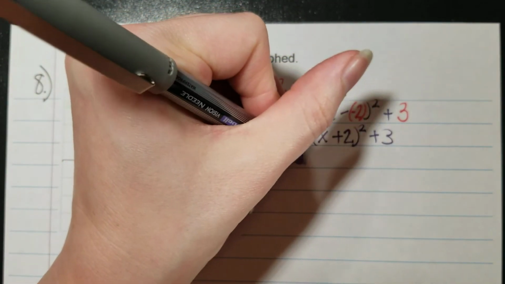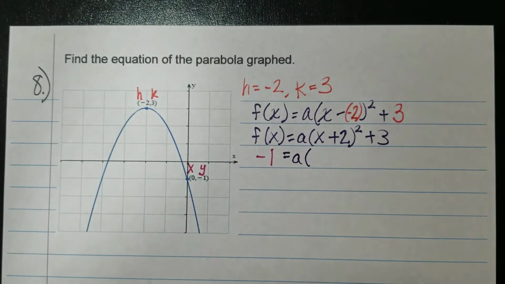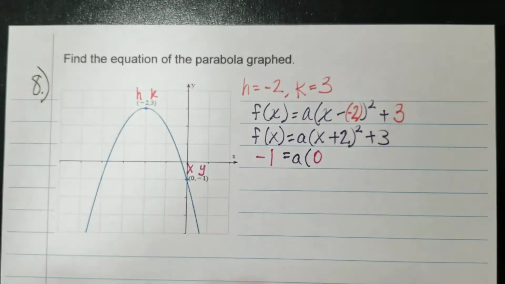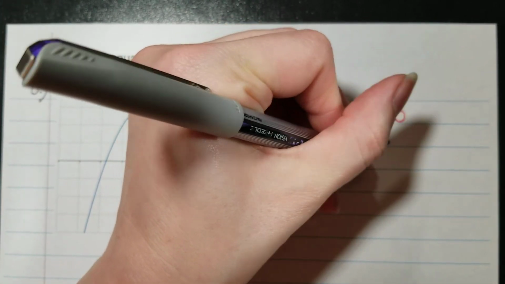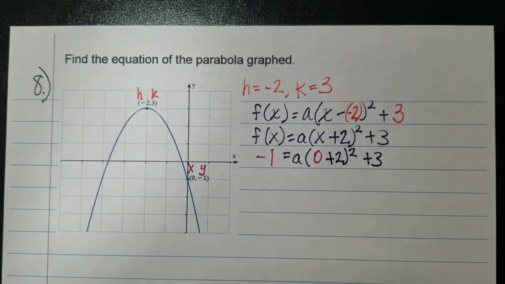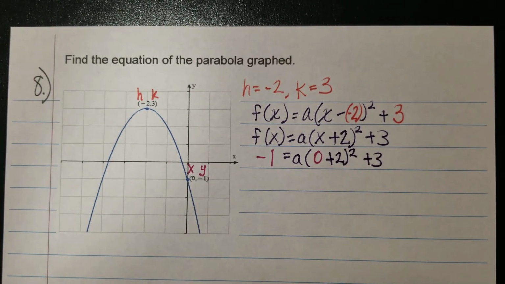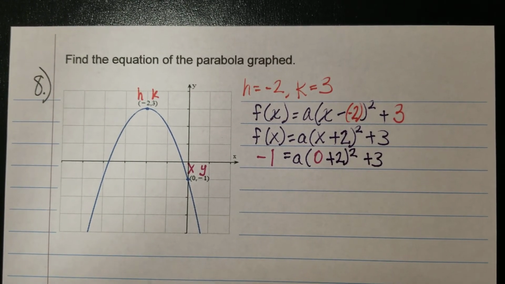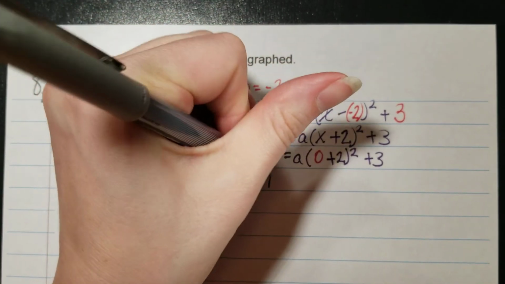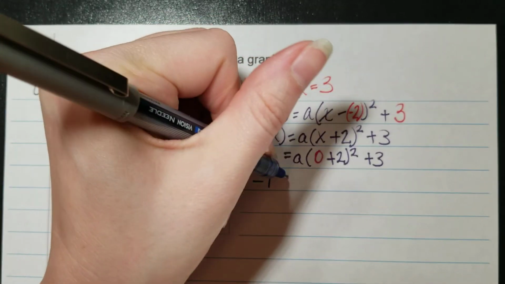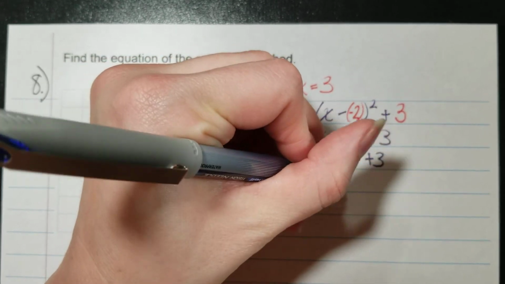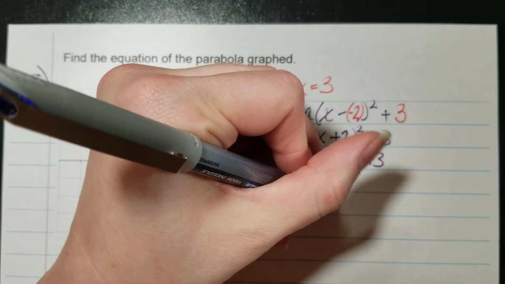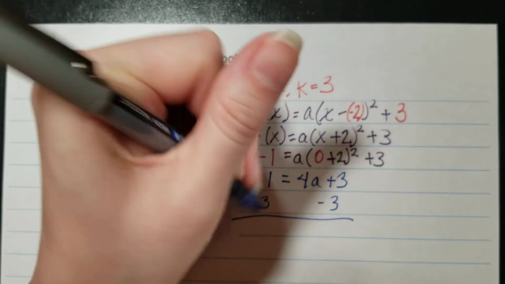So -1 equals a times 0 plus 2 squared plus 3. So 0 plus 2 is 2. And then 2 squared is 4. So basically -1 equals 4a plus 3. Subtract 3 from both sides.